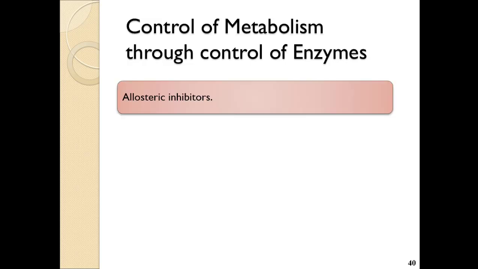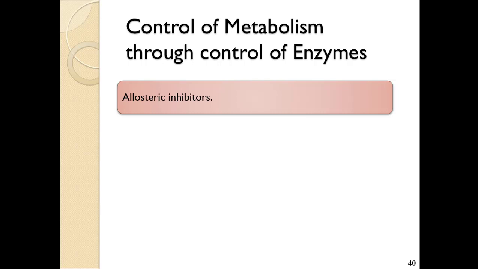Okay, so control of metabolism. Remember how I said that your body does not want all of its enzymes active at the same time. So it has ways of either inhibiting them or ramping them up depending on what it wants to happen. Control is maintained oftentimes through allosteric inhibitors.